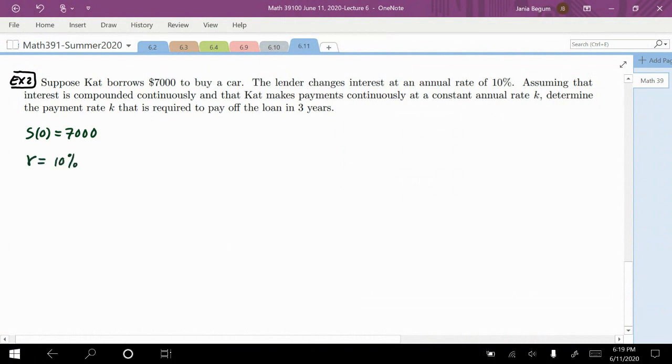That's how much the lender is charging. Convert this to a decimal, that's 0.1. And assuming it is compounded continuously, the model we're going to use is ds dt equals r times s plus or minus k. We're going to fix if k is positive or negative. And we want to determine the payment rate k, the k that is required to pay off the loan in 3 years.